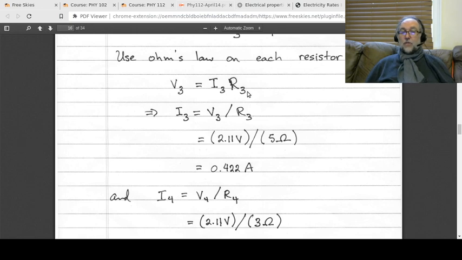So V3 is equal to I3 times R3. Rearrange this because we're looking for the current through resistance 3. So I3 is going to be equal to V3 over R3. The voltage across R3 is 2.11. The resistance is 5 ohms. Divide the two and you get 0.422 amps. So the current through R3 is 0.422 amps.